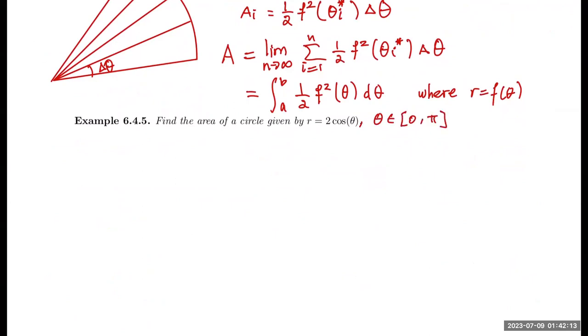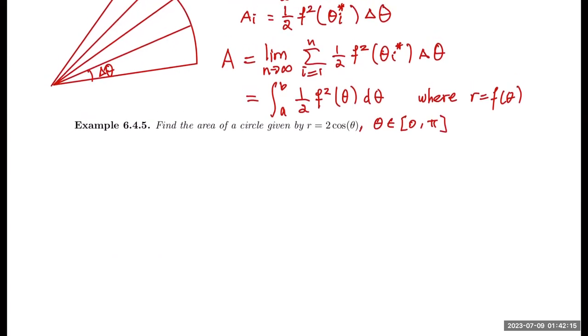That's what we're interested in. So area then is the integral from 0 to pi of one half times the 2 cos theta squared d theta.